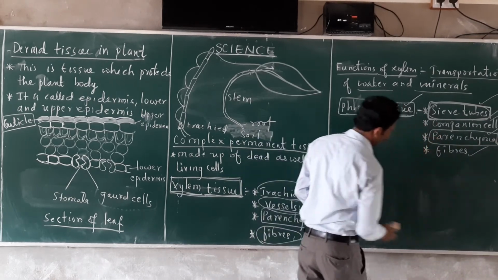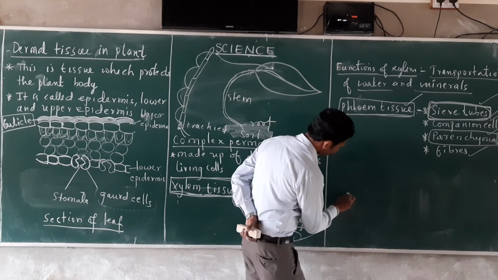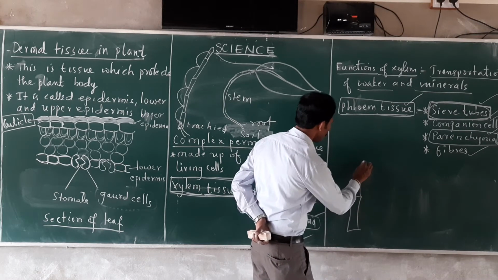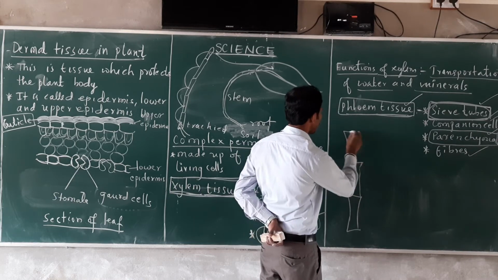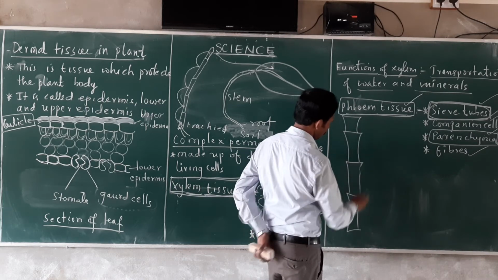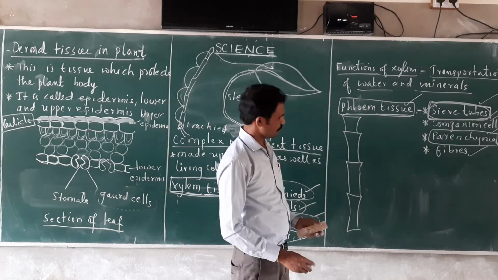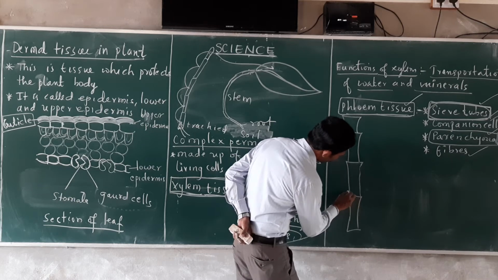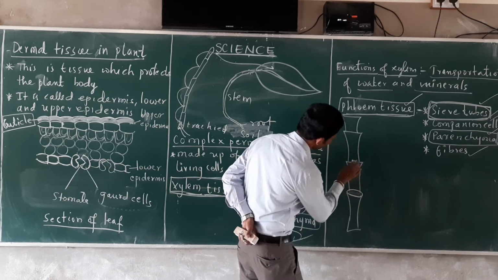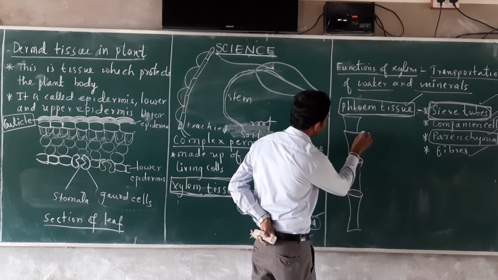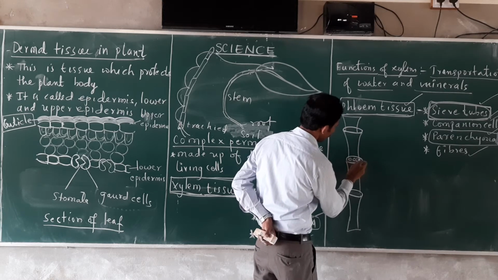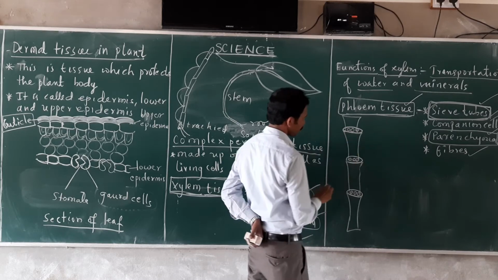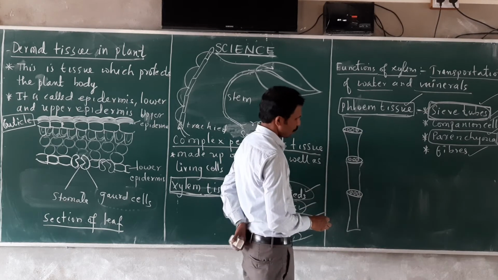See, sieve tubes will be like this. Sieve tubes are also arranged like this. In between these sieve tubes there are sieve plates, which carry the food.